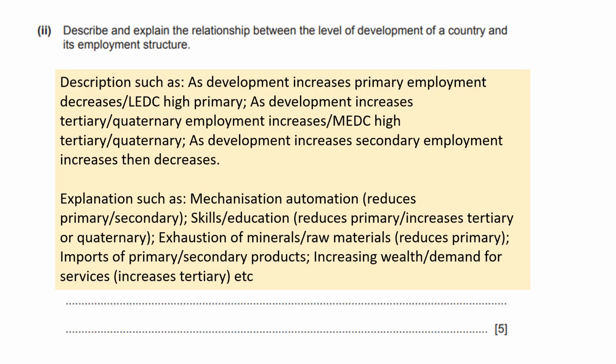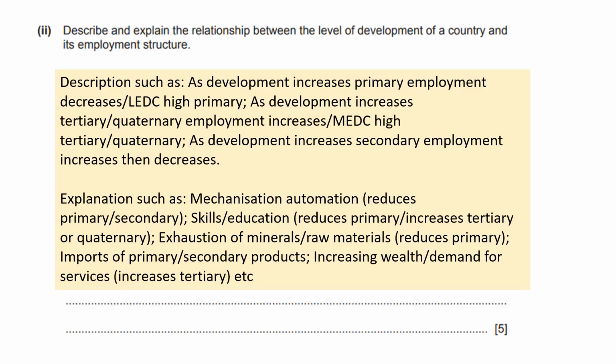Now, if you look at this, the explanation is that mechanization takes place. So when automation is there, there will be reduction in the number of people employed in the primary sector, and it will move to secondary. Now, skill and education increases. So most people don't want to work in the primary sector anymore. They move from primary to tertiary and quaternary sector.